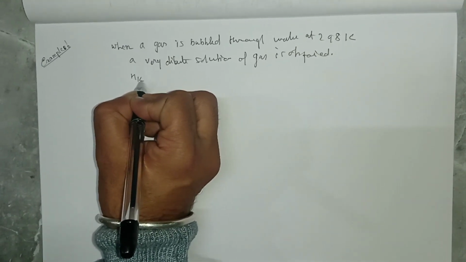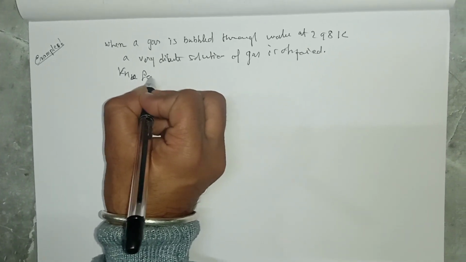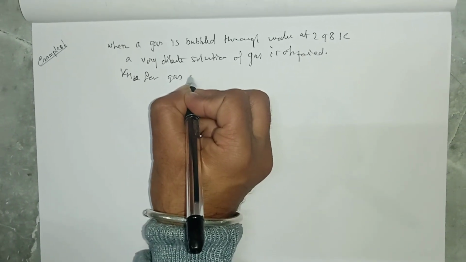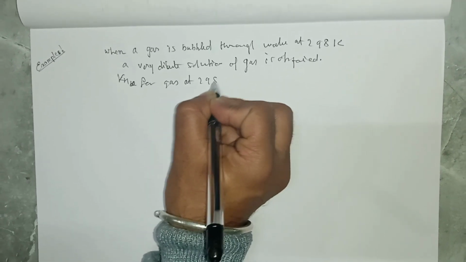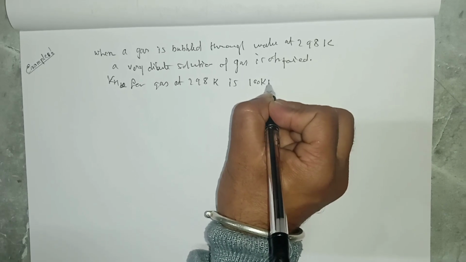Henry's law constant KH for the gas at 298 Kelvin is 100 kilobar. 100 kilobar is given.